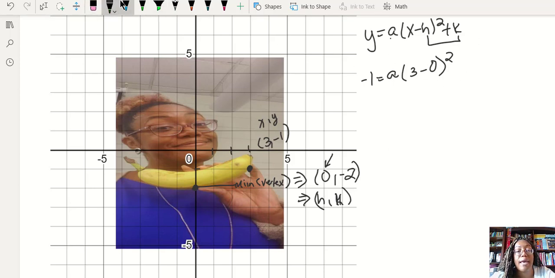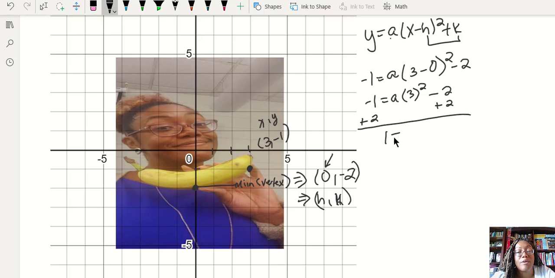It is going to be a minus 2. Now we need to simplify. Well, negative 1 equals A times, 3 minus 0 is just 3, 3 squared minus 2. We would add this 2 to both sides, and then we would simply get 1 equals A times 3 squared, which will be 9.